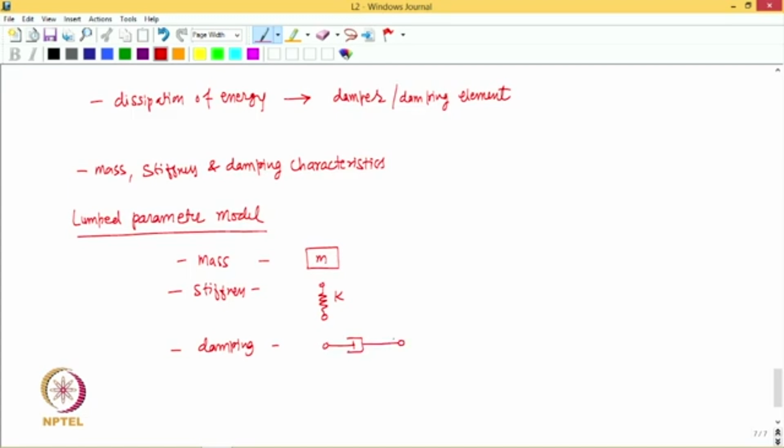Often we use a viscous damper because it offers ease in the mathematical analysis of the model. So this is a viscous damper.